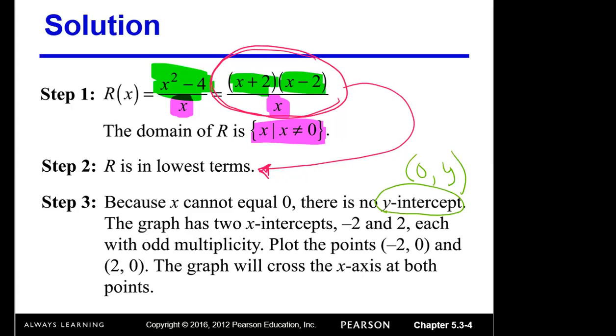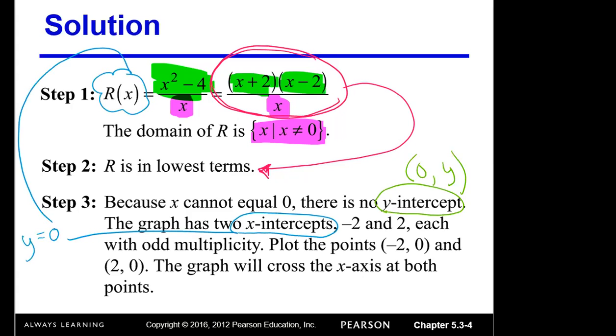The x-intercepts are when y is equal to 0. So they put the 0 where r of x is, because that's really your y. And ultimately what they had was this thing here set equal to 0: the x plus 2 times the x minus 2 all over an x.